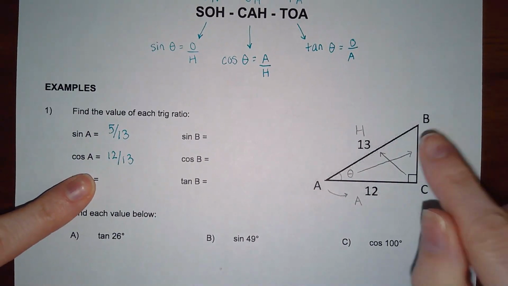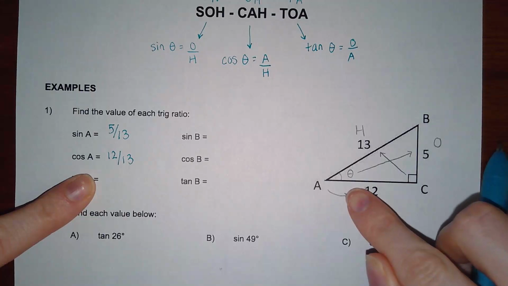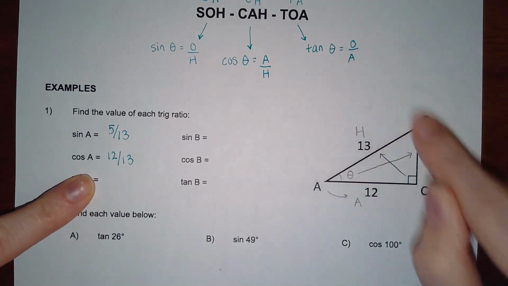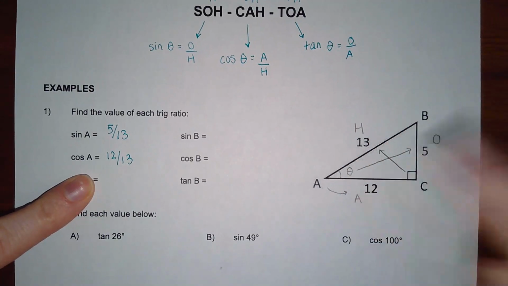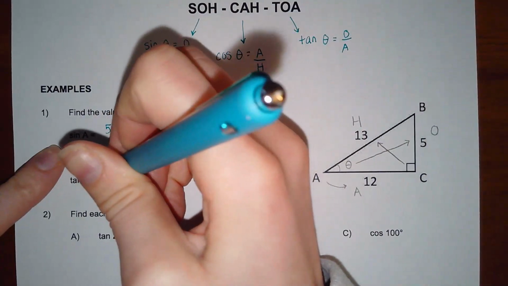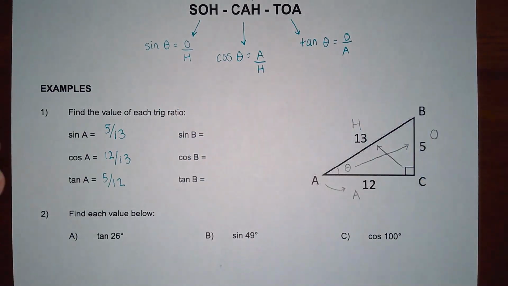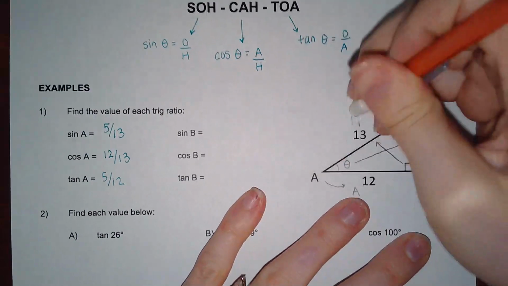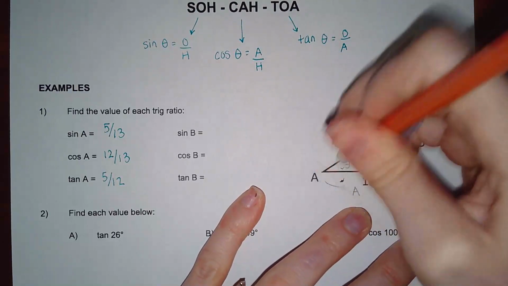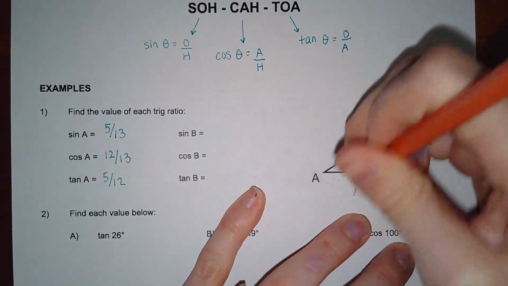And tangent is the opposite side over the adjacent side, O over A. So we would do 5 over 12. So this is really just looking at 1, can you label your sides correctly? And 2, do you remember your ratios? So sine is what over what, cosine is what over what, and tangent is what over what.